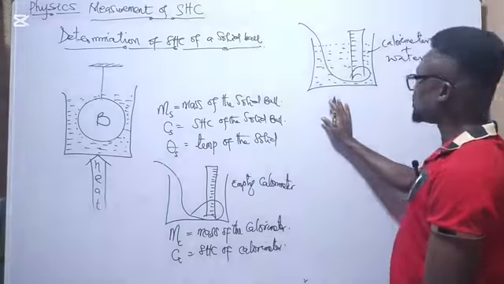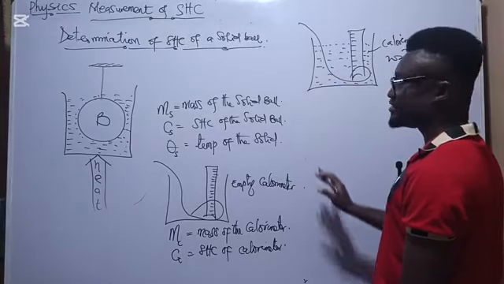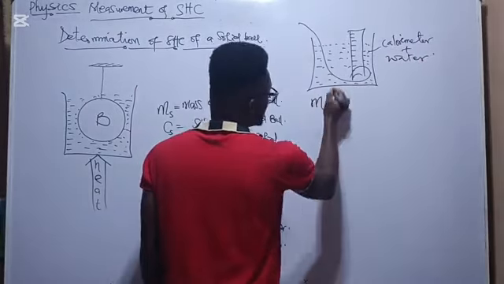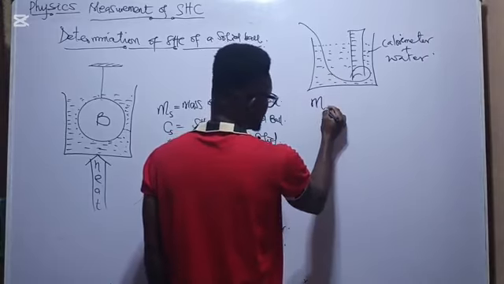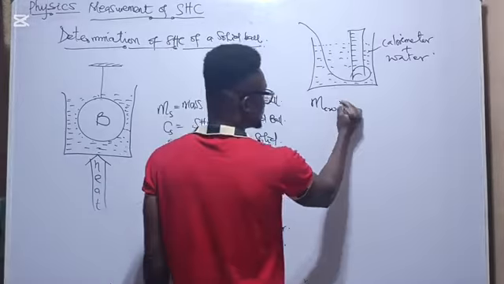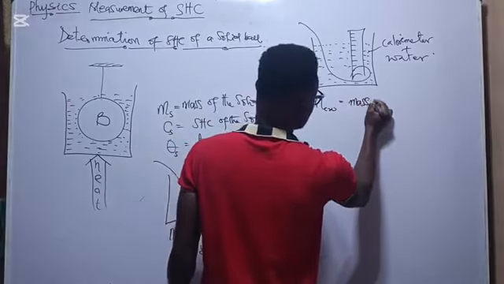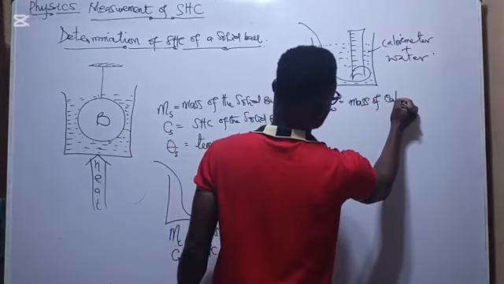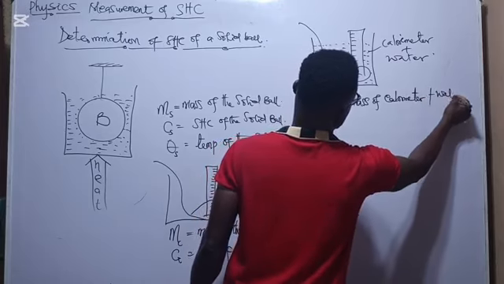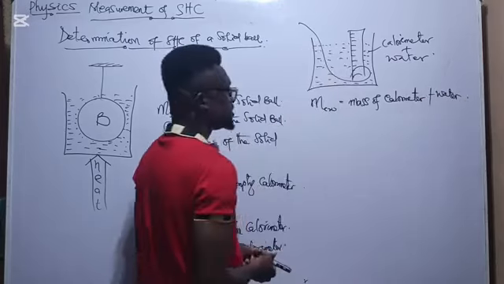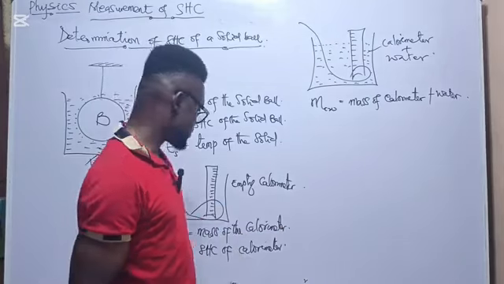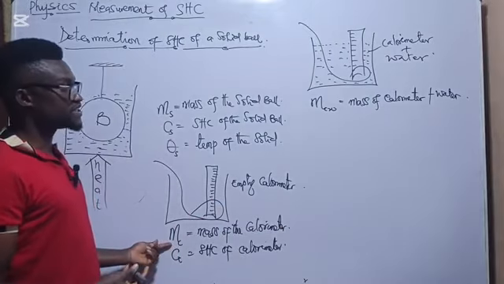So in this case now, you have to weigh the calorimeter with the water. So we have the mass of calorimeter plus water. At least with this, it will now aid you to get the mass of the water because you've known the mass of the calorimeter.